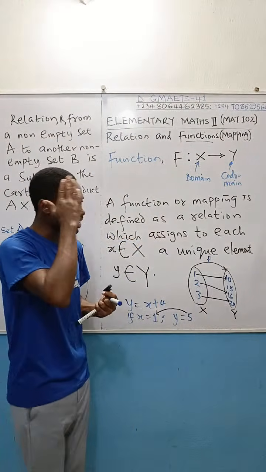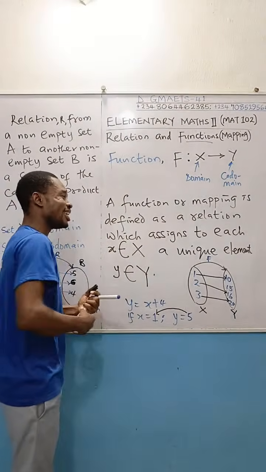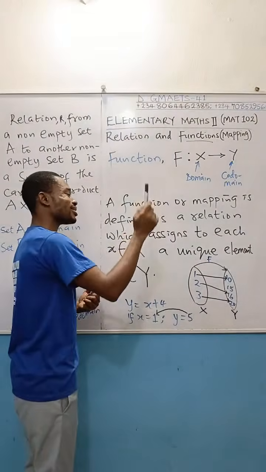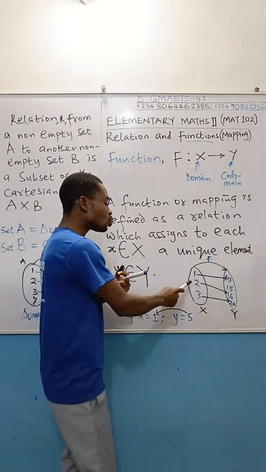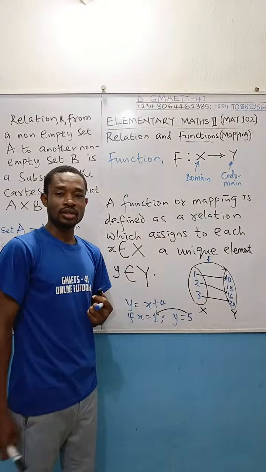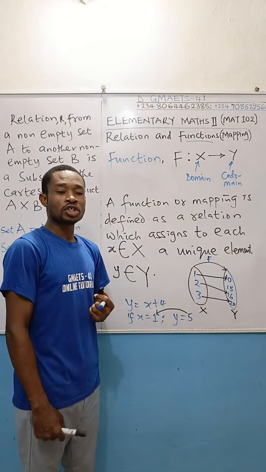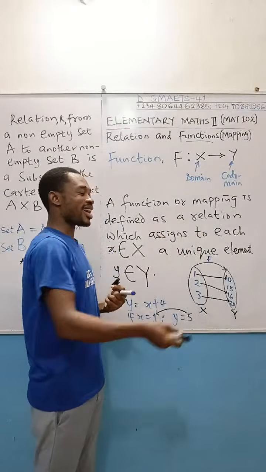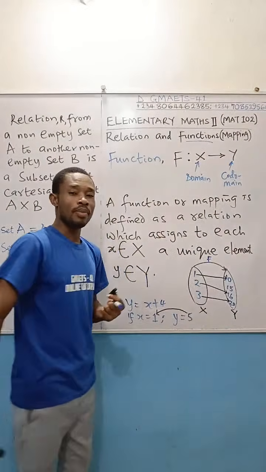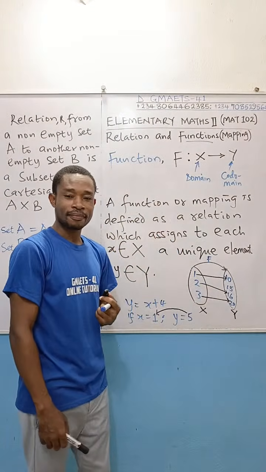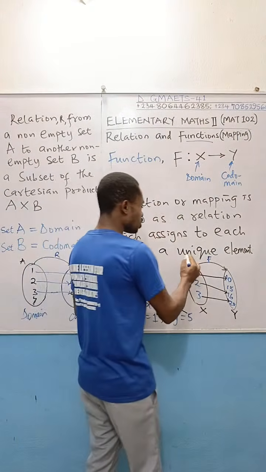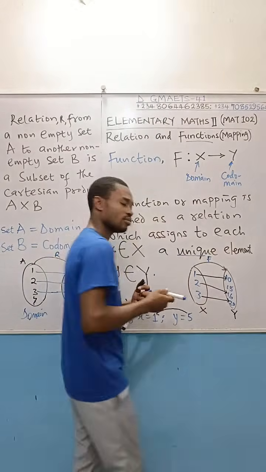If you get the understanding, you can actually put the grammar in a way that still explains what you are studying. The whole idea when you are talking about function is that a function will assign, will give values to elements in the domain. And where would the function pick the values? It will pick those values from the codomain. And did you take note of the term I used here, unique?